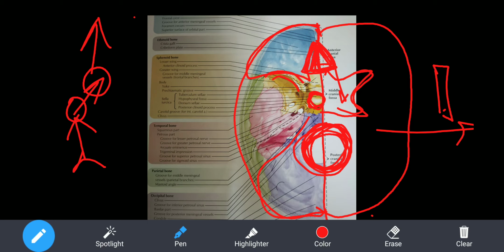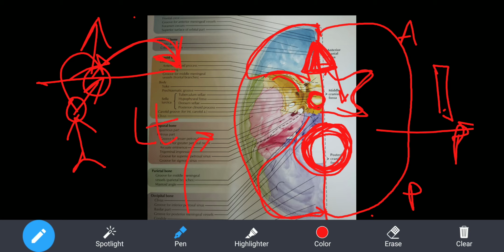What you did, you cut his cranial cavity like this, and you removed this cap, and now you are viewing this from behind. So this becomes the anterior, this becomes the posterior, this is the left, this is the right. Why? Because you are standing behind. So his left is your left, his right is your right. And so how do you remove the cap?